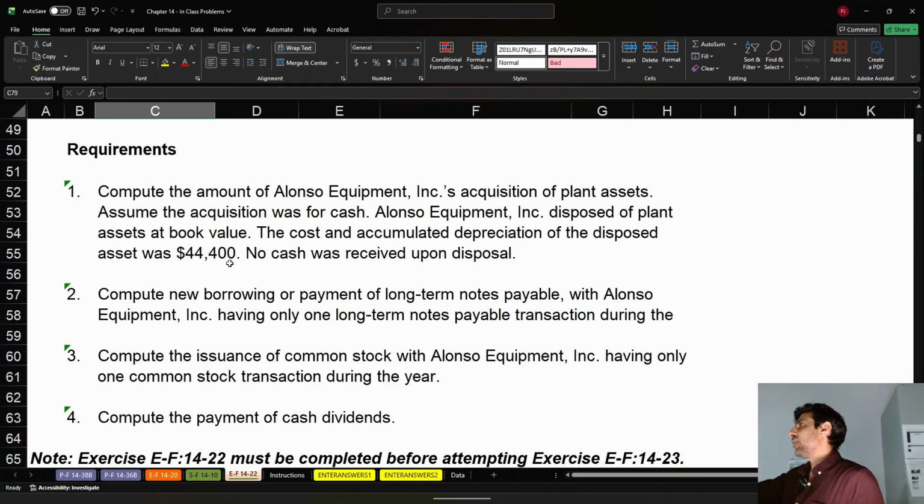The cost basis is 44,400. Over the life of that asset, we fully depreciated it. The total accumulated depreciation is exactly the same as our cost basis. So the book value is zero. So it's telling us that we disposed of it for zero. So there's no cash related to this.